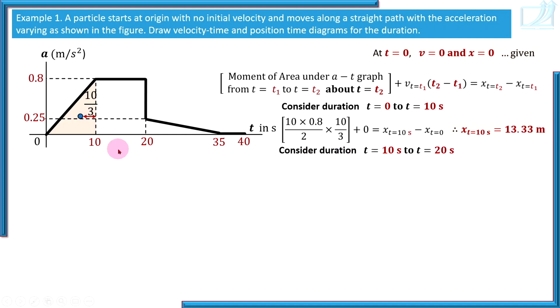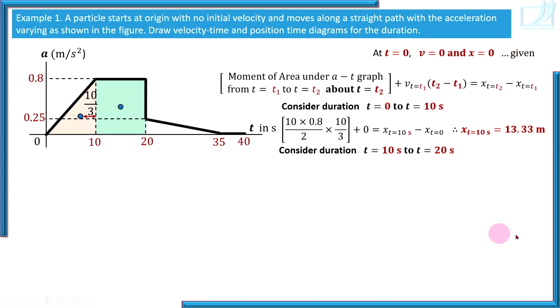Now next duration, 10 to 20 seconds. Moment of area, that is what you should understand. Moment of area is this area into distance of its center. Now it is a rectangular area. What is the base of the area? 10. And you know the location of centroid of a rectangle, h by 2, b by 2.